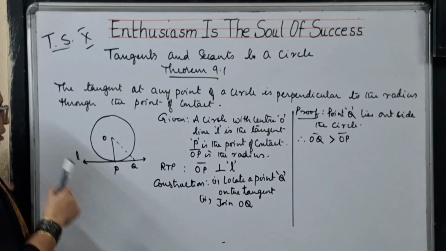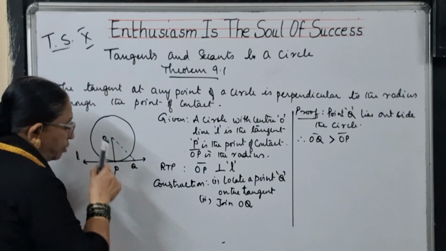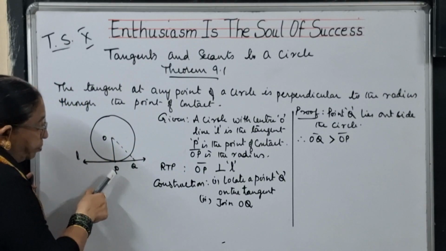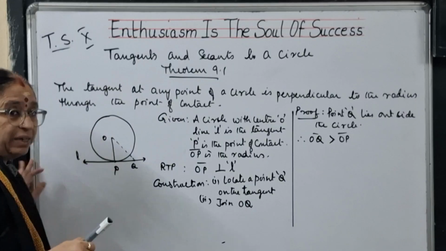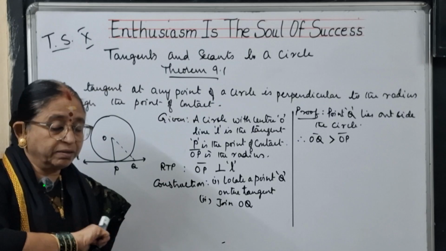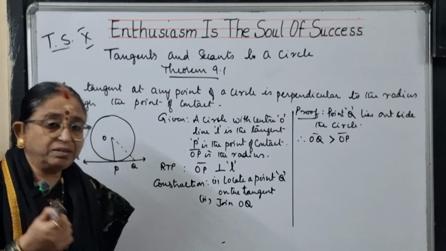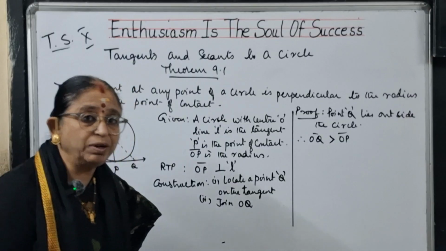That means you take any point on the tangent except P. We know that a line is a set of infinite number of points. That is the definition of a line which you have learnt.